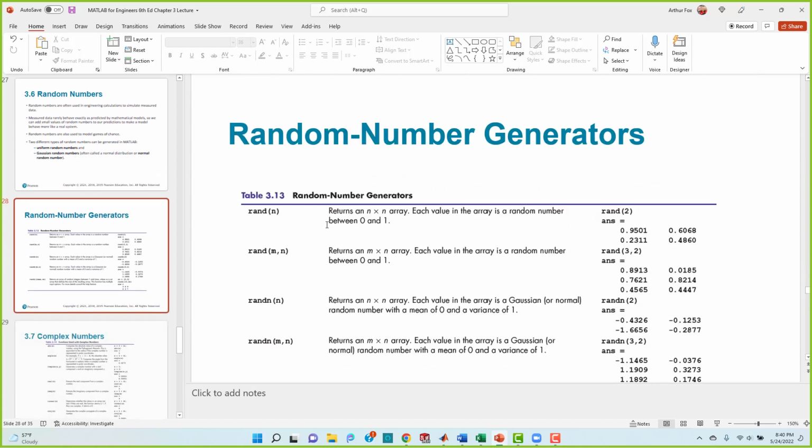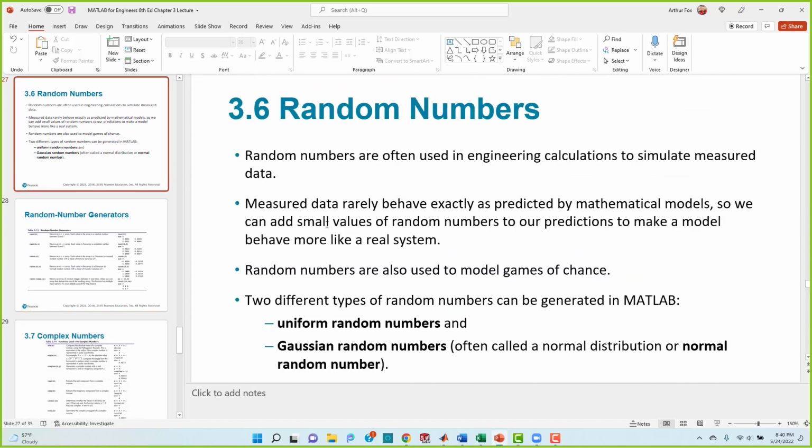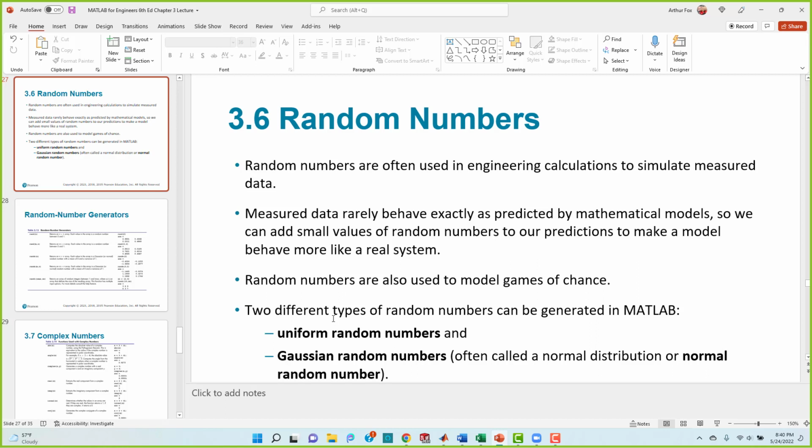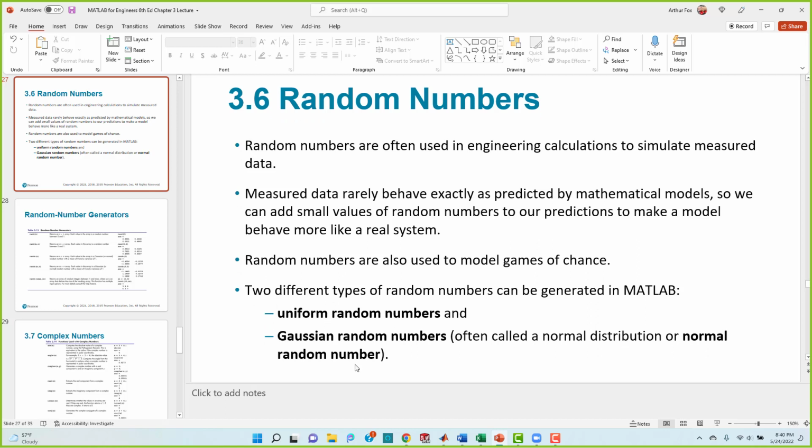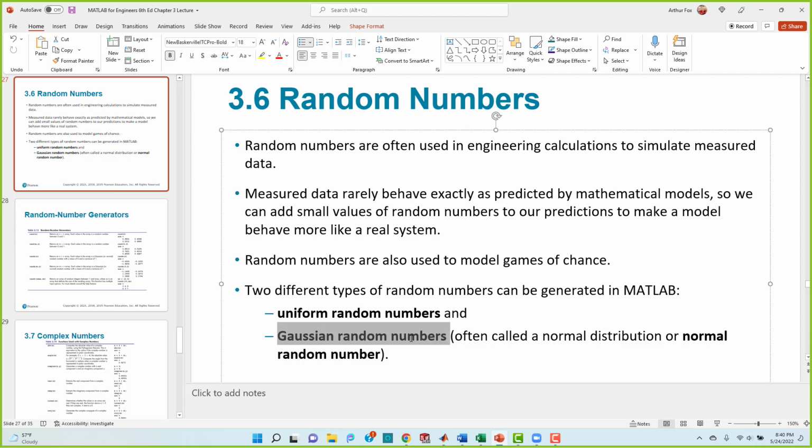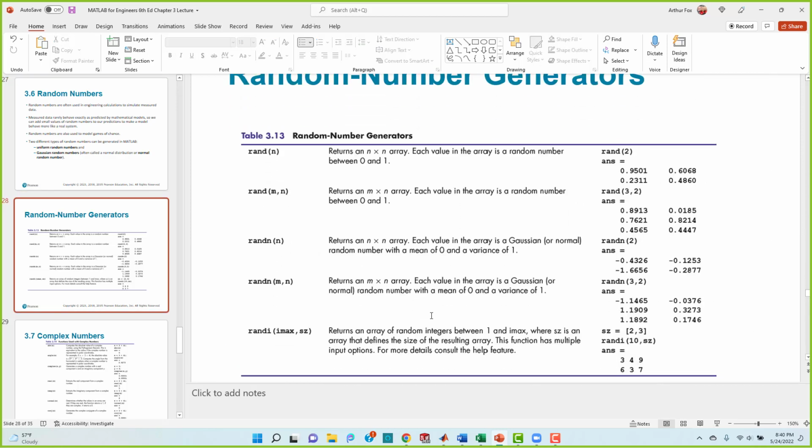Random numbers. So there's two types of random numbers that we deal with in here. Is the rand and the randn, which is the Gaussian random numbers. I don't think she shows here.